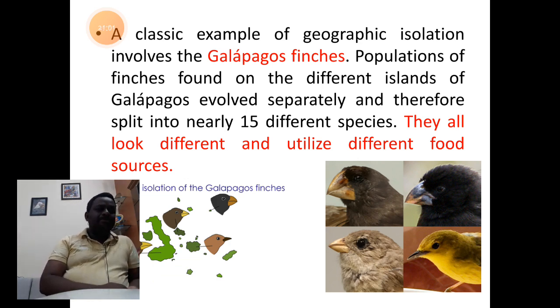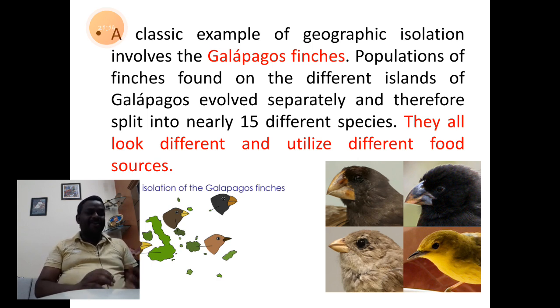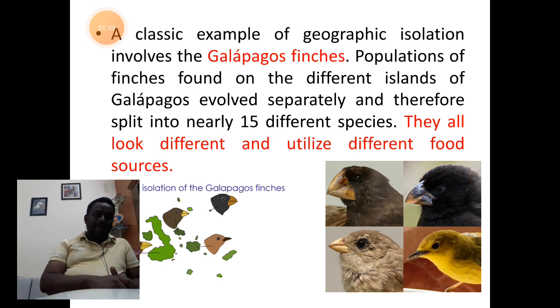A classical example of geographical isolation is Darwin's Galapagos finches. There are 14 to 15 species of finches which were seen in the Galapagos Islands.